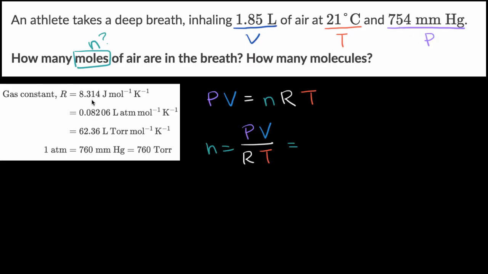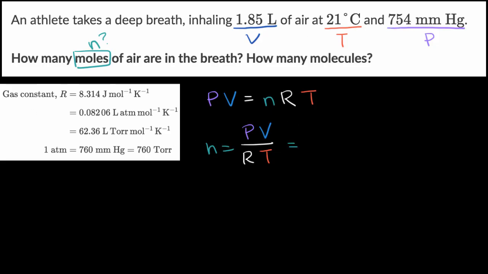In the table, none of the gas constants deal with millimeters of mercury, but each millimeter of mercury is equal to a torr. If you get very precise they are slightly different, but for a first-year chemistry class you can view a millimeter of mercury as being a torr. So the pressure here is 754 torr.